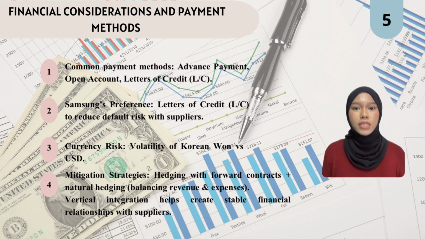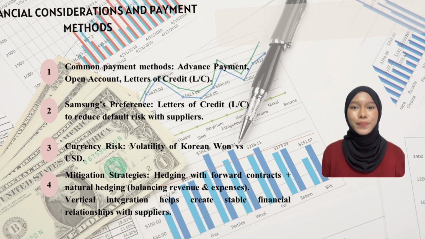To manage this, Samsung uses hedging tools like forward contracts and natural hedging by balancing revenue and expenses in different currencies. Because of their strong vertical integration, their suppliers enjoy more stable relationships, which actually helps improve the overall financial structure of the supply chain.